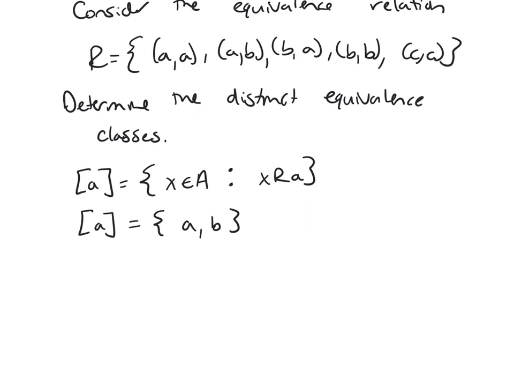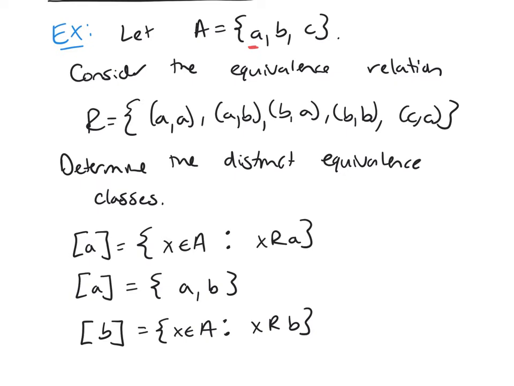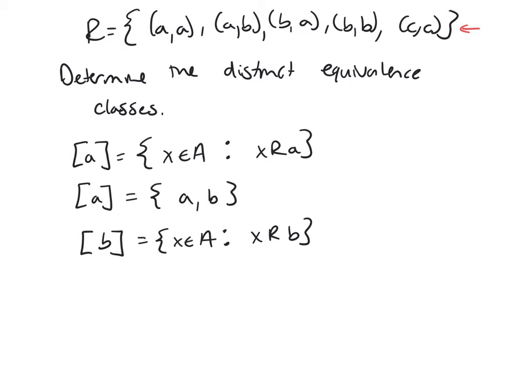And now you're going to repeat this for B. Again, this is all the elements from our set A that are related to B. If you look back at R here, the only elements related to B are A and B. So the equivalence class of B is AB as well.